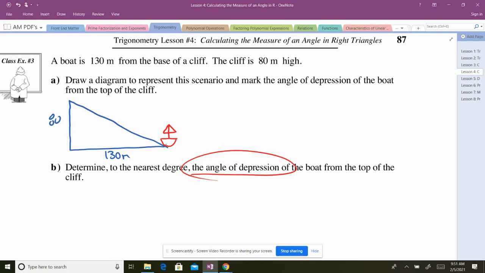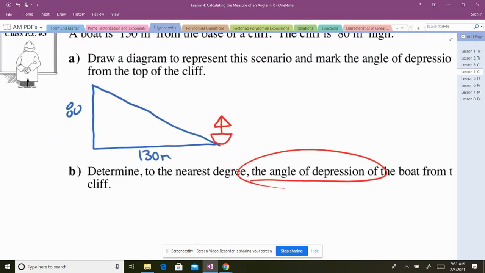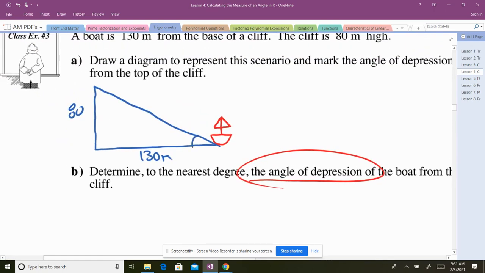They're the same. So if I can find this, which is the angle of elevation, I will know the angle of depression. So let's find that. Let's call it Z, just because.